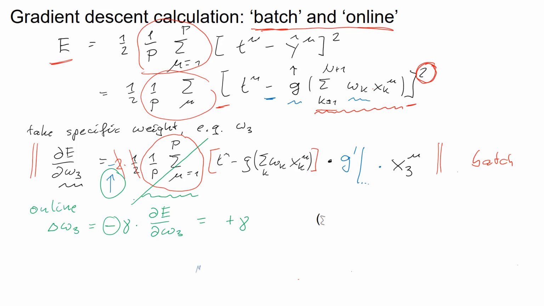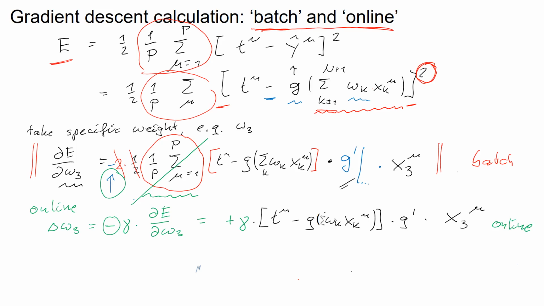And then I have t mu minus g of sum wk xk mu. And then I have my g prime. And then I have my x3 mu. So this is now the online algorithm.